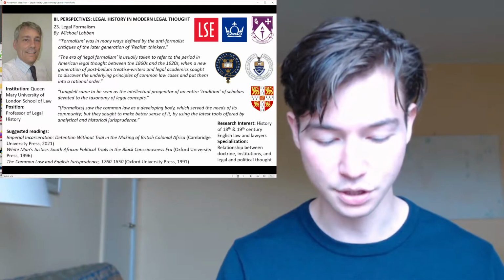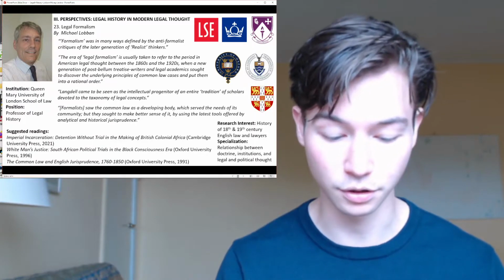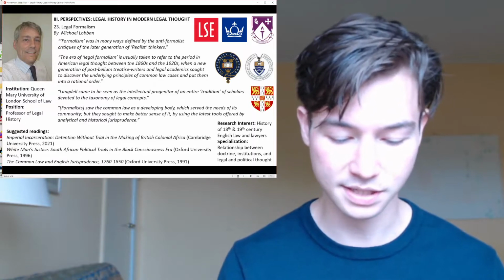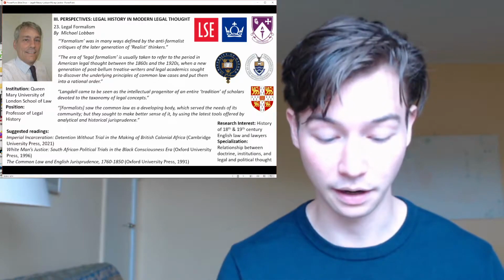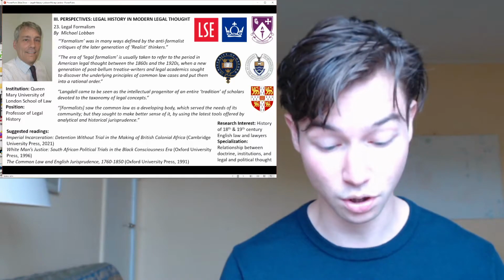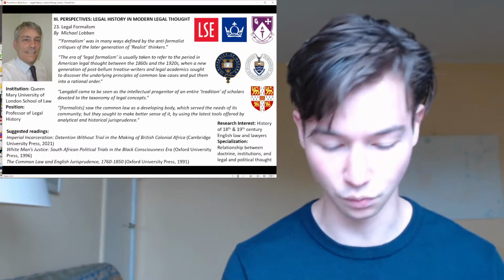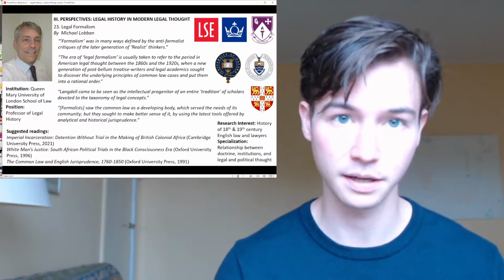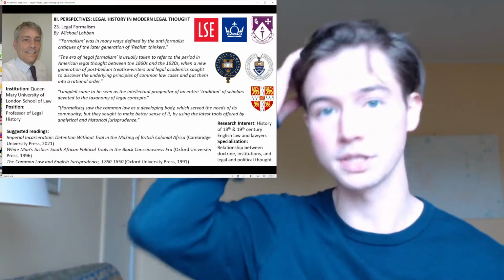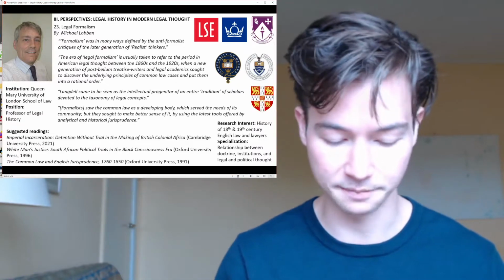And therefore, it was no coincidence that the most logical common law treatises were to be found in the law of contract, for it was in this area of private law that jurists, whether Anglo-Saxon or continental, were most able to tease out rules in a largely abstract way. So contracts are more suitable, perhaps, for legal formalism than other areas that we might see.